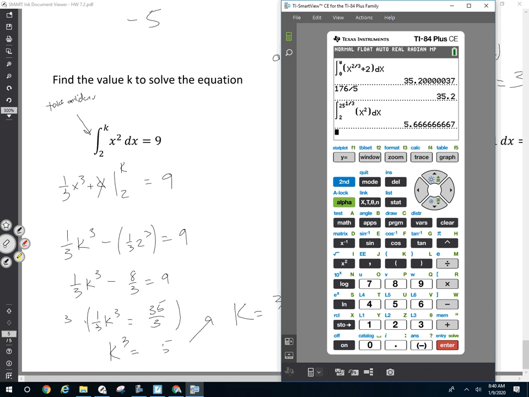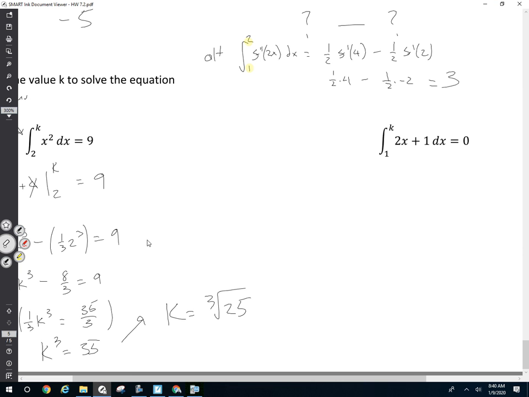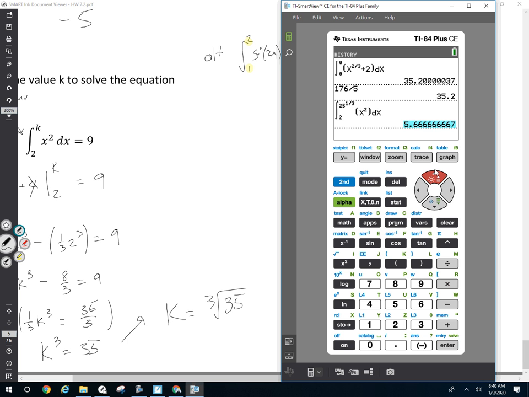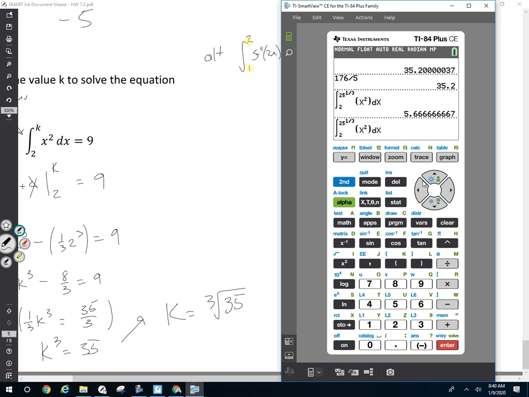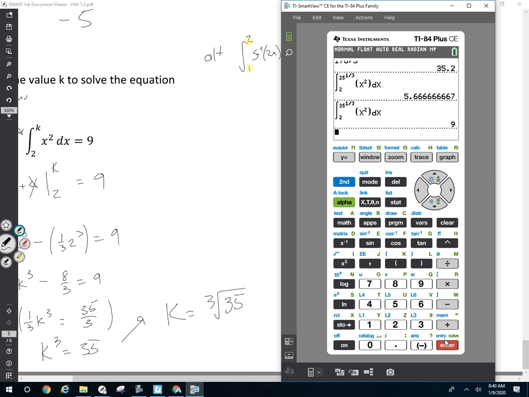Multiplied by 3, 35. Glad I caught that. Run it back. 9.